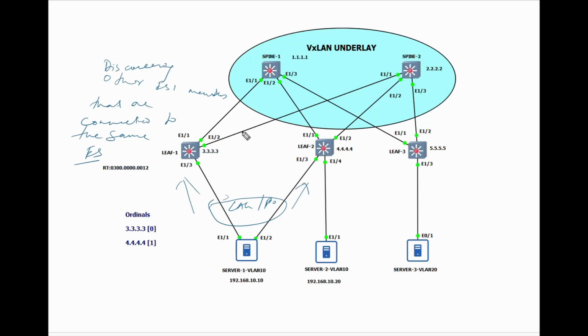On the other hand, on the upstream devices, i.e. leaf 1 and leaf 2, we will configure a shared Ethernet segment identifier, or ESI, on both leaf 1 and leaf 2.